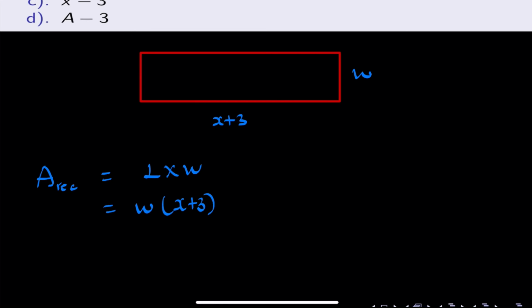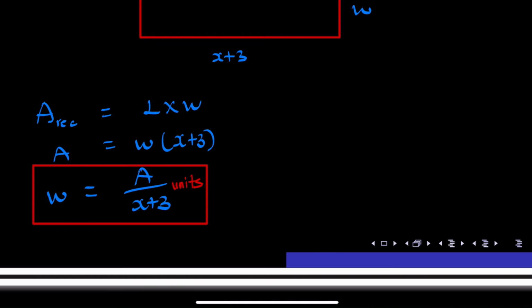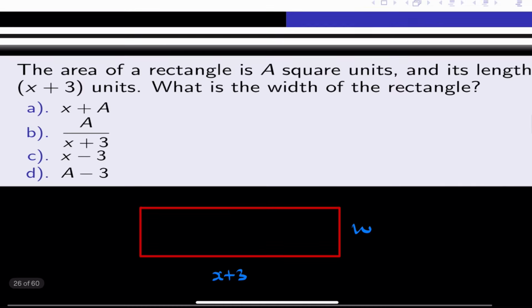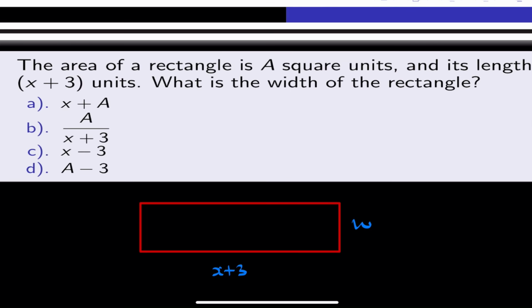So the area from this question is giving us A. So our goal is to find w. So we divide by x plus 3. So hence, the width of this given rectangle is A divided by x plus 3 units. And so the correct option is option B.